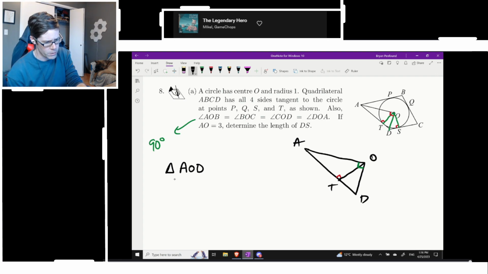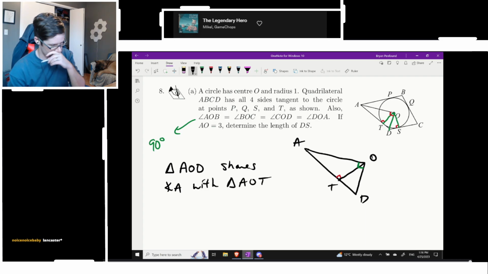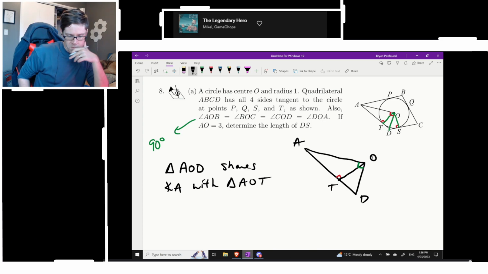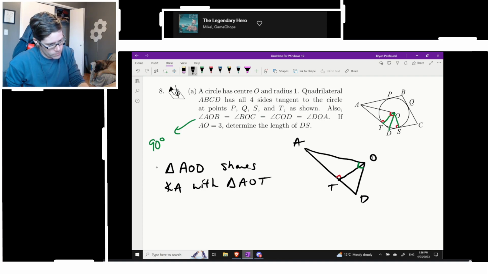So in AOD, what do we know? So we know that triangle AOD shares angle A with triangle AOT. Okay, so that's a shared angle. They both also have 90-degree angles. Okay, so that's kind of the first noticing.